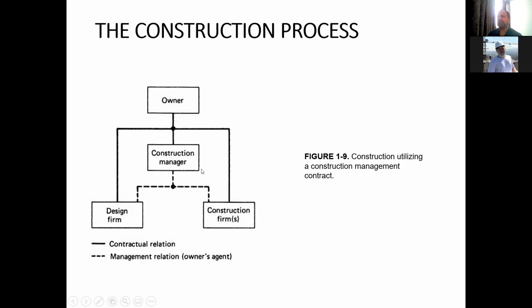They may even have a guaranteed maximum price, where the construction manager guarantees that the cost of the project will not increase beyond certain limits.